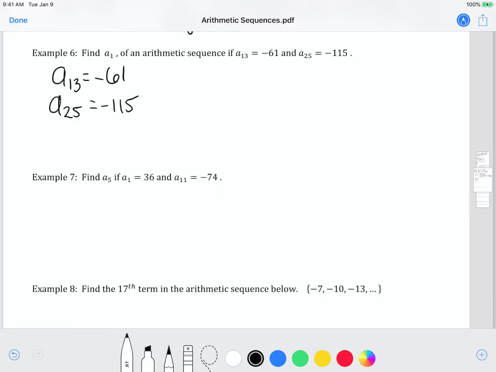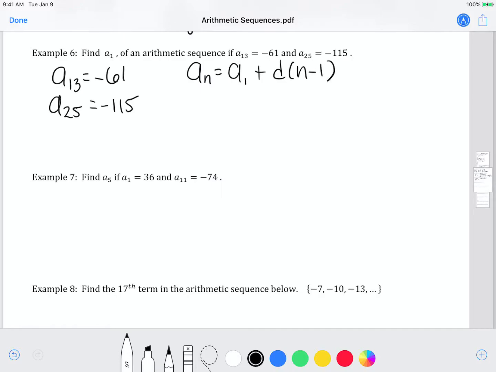So for this, we have to figure out what A1 is, the first term. We don't know what the common difference is, but we know that the general form for an arithmetic sequence is A1 plus D times n minus 1.